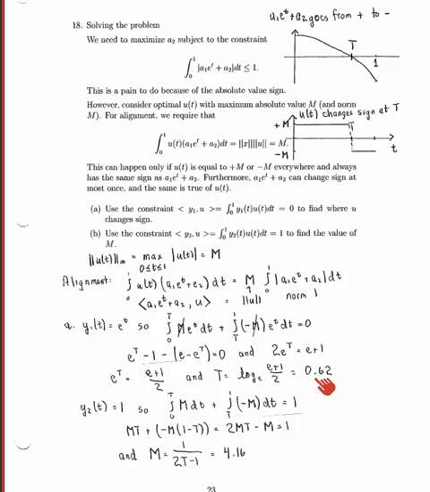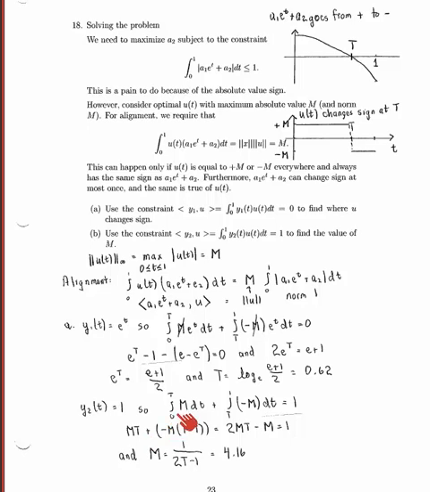All we need now is the maximum value of the current, and we can determine that from the second constraint, using the function y2 of t equals 1. When we integrate 1, we are integrating M from 0 to T, and then we're adding on the integral of minus M from T to 1, and the sum has to equal 1.